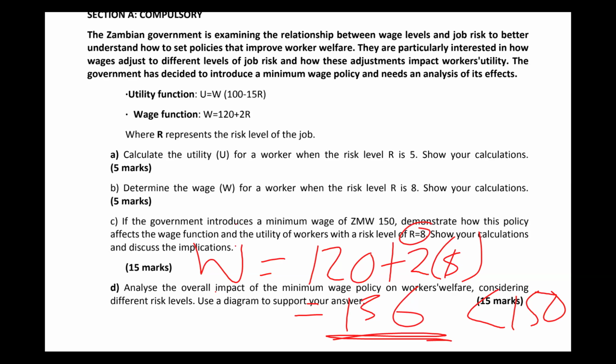So our utility is 150 times (100 minus 15 times 8). What is 15 times 8? 120. So 100 minus 120 should be negative 20. So negative 20 times 150 should give us a negative figure, a negative utility actually.